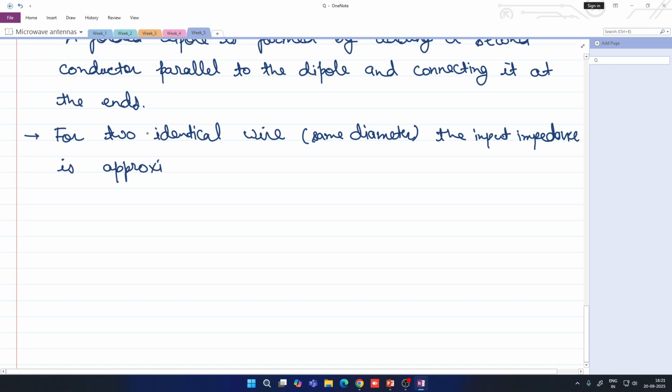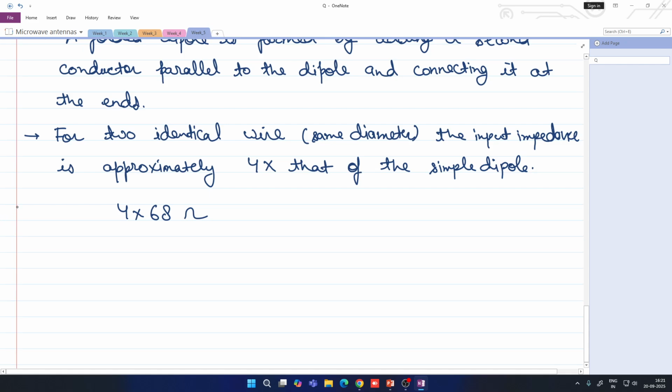So for a folded dipole, the input impedance is approximately 4 times that of the simple dipole. That means it will be 4 times 68 ohms. So the input impedance of that folded dipole will be 4 times 68, which is 272 ohms.